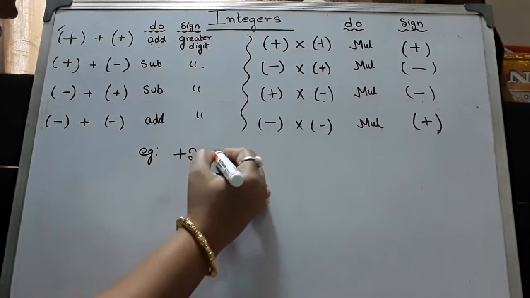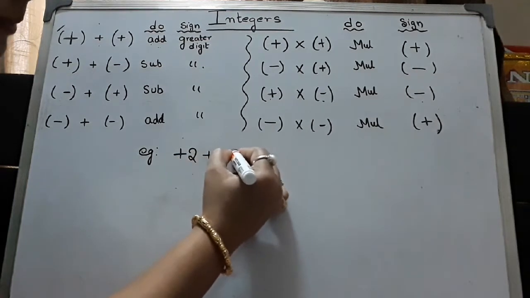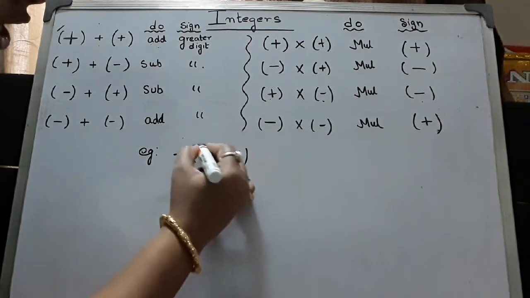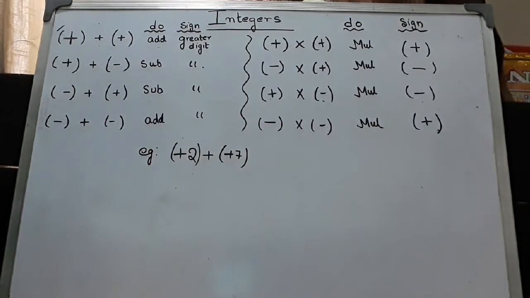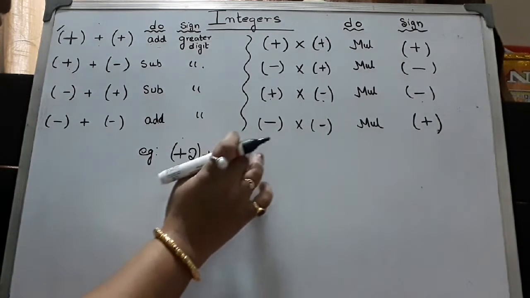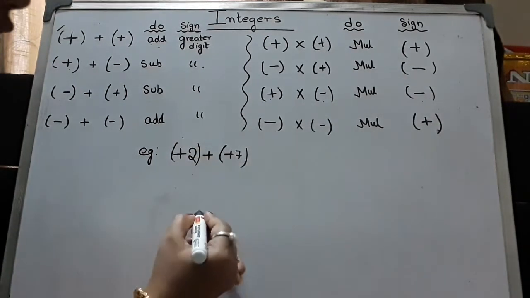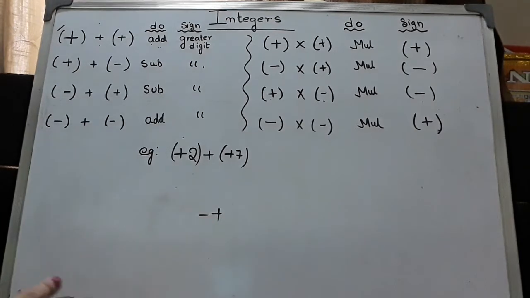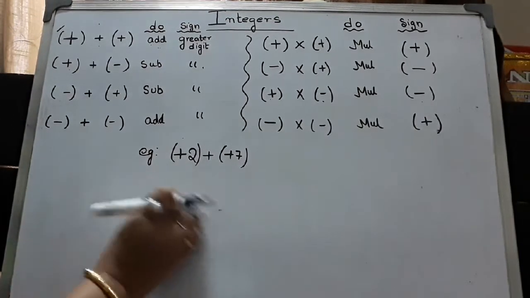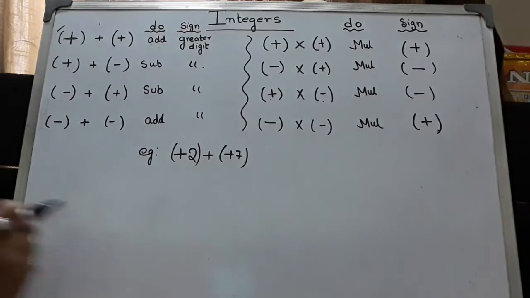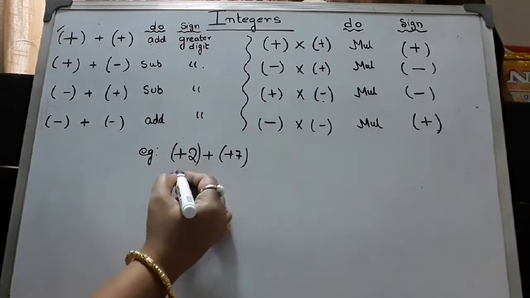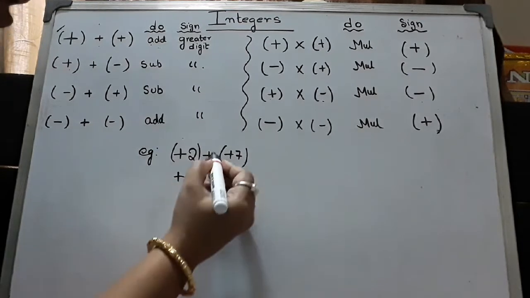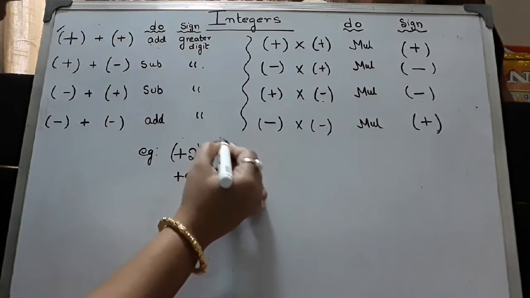Plus 2 add with plus 7. You always have to put bracket when two signs are beside each other. You have to put bracket for this part. Okay? You can't put both the signs together. That is not a good process, or you can say that's not a rule. Fine? So what you have to do here, plus 2, both plus into plus.